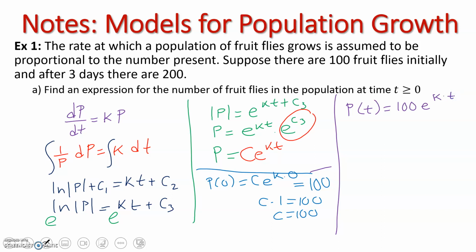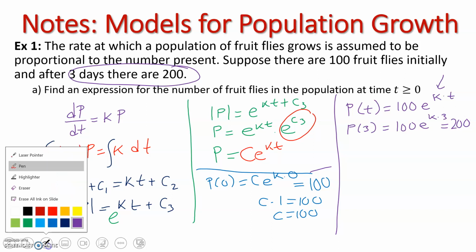Now we still have an extra variable that we don't want, so we're going to go ahead and plug in another condition. They tell us that at 3 days, P of 3, which is 100 e to the k times 3, is 200 fruit flies. We'll go ahead and solve this for our other variable.